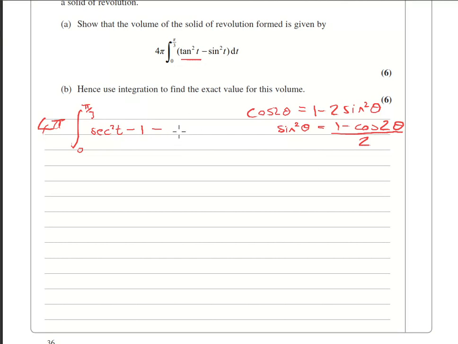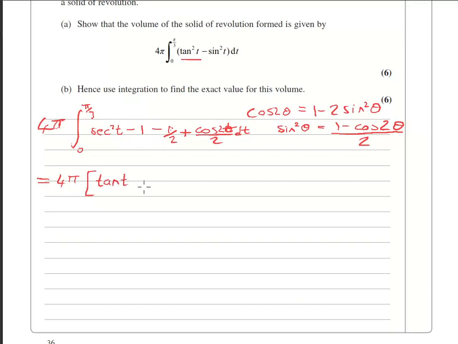So we're going to write that as minus a half plus cos 2t over 2 dt. Now I can integrate this directly because tan differentiates to sec squared, hence sec squared must integrate back to tan.